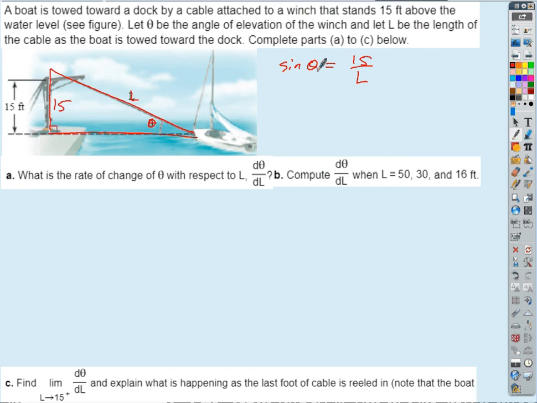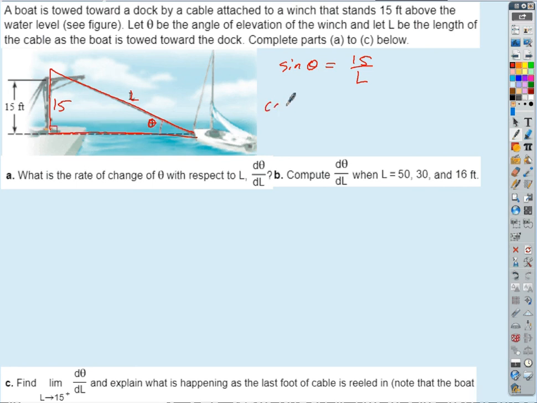So what if I implicitly differentiate with respect to L? What am I going to get on the left side? Derivative of sine theta is cosine theta, right? So the derivative of sine something is cosine something.